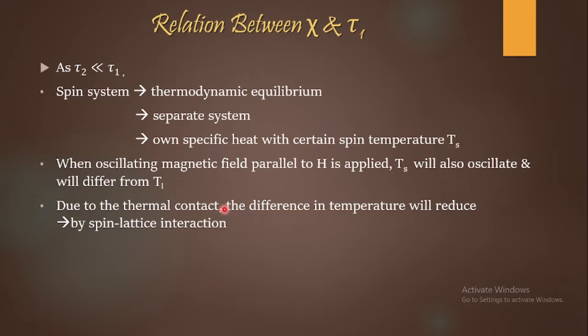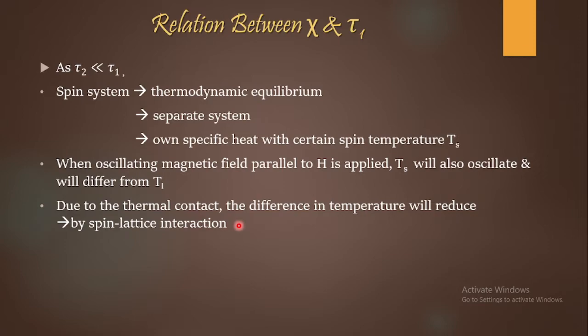If we apply the oscillating magnetic field to the system, the spin systems start oscillating. The spin systems will change their temperature, and as the spins are within the lattice, the temperature of the lattice and the temperature of the spin system are going to be different.